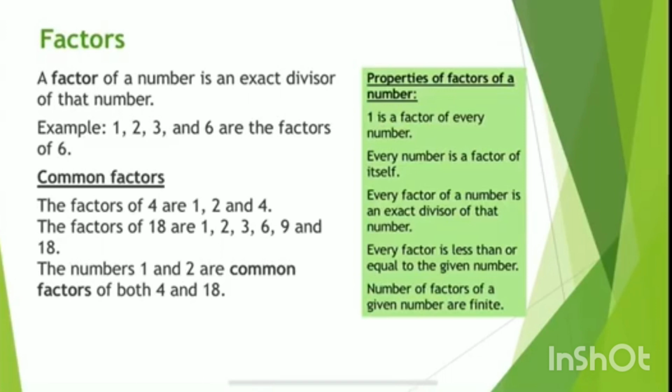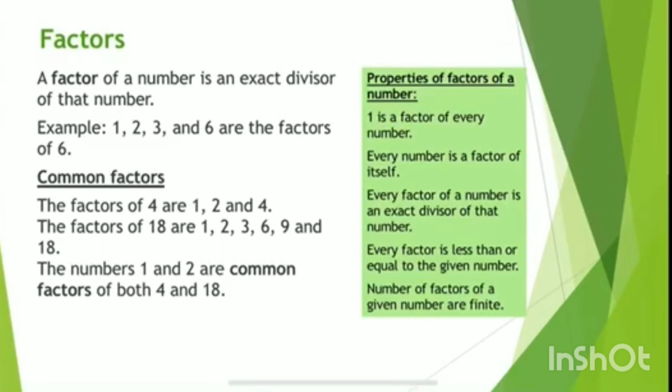Let us discuss properties of factors of a number. 1 is a factor of every number. That means 1 is a factor of each and every number. Every number is a factor of itself.